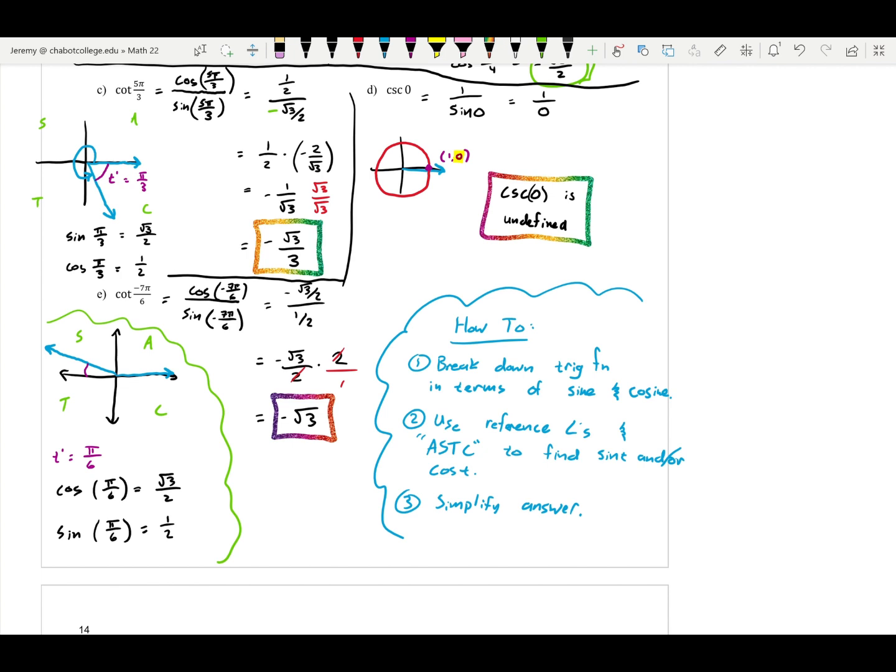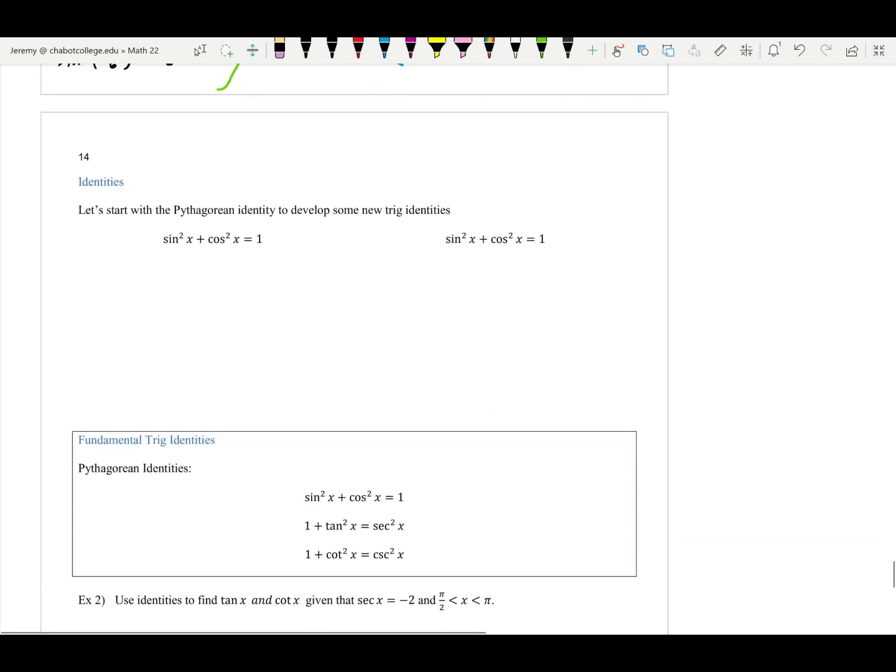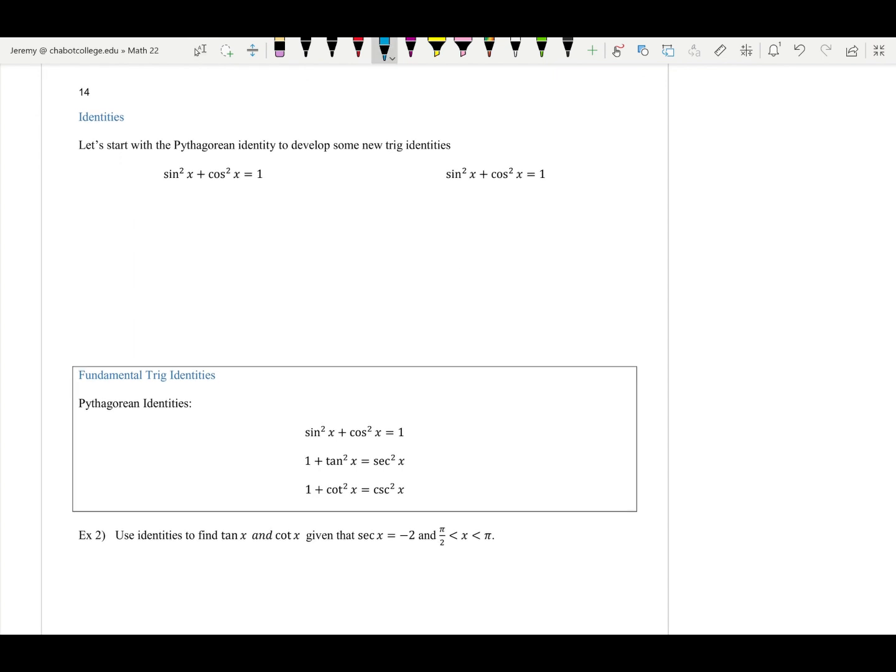Okay, so just building off of what we saw in the previous section. Okay, remember that Pythagorean identity that we saw in the previous section. Sine squared x plus cosine squared x equals 1. This is true for any real number x.